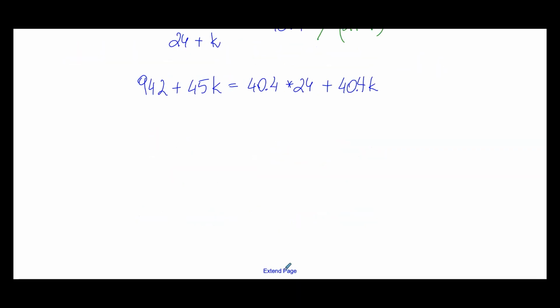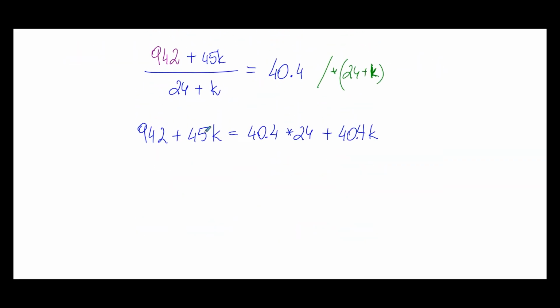So where am I going with my calculation? I want to find the value of k, so I move my k's to the same side, numbers to the other side. I have to remember that as I am moving numbers around, I have to change the sign to the opposite. So that's the equation I'm going to end up with.